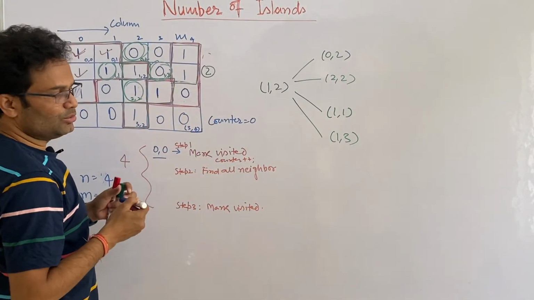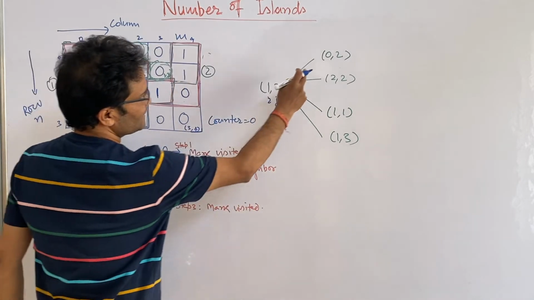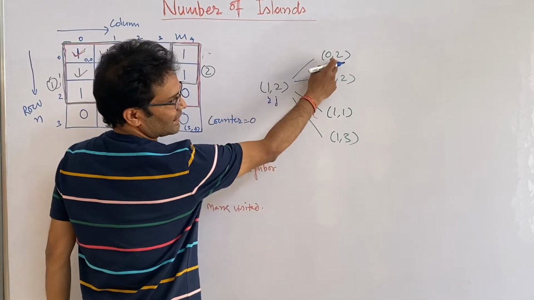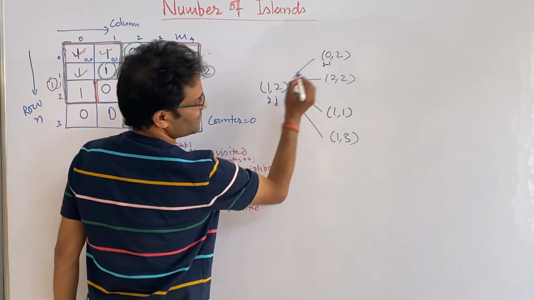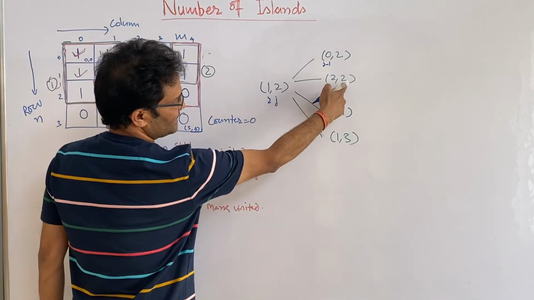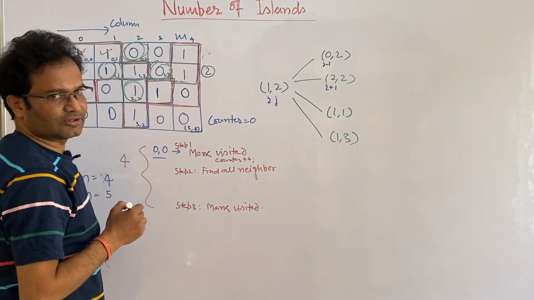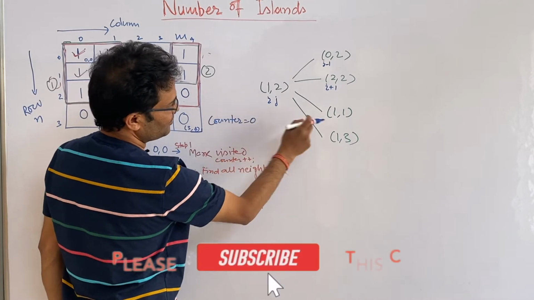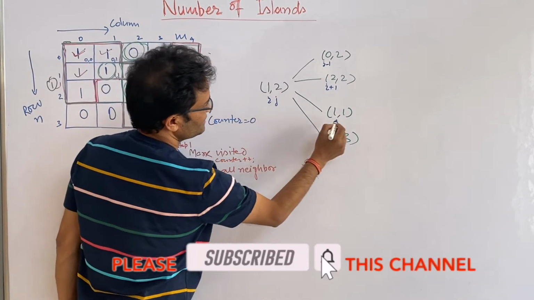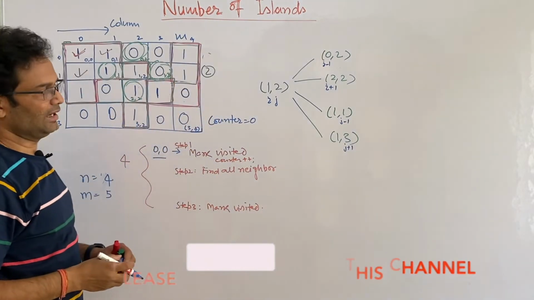If you notice, we use two indices, i and j. In the first one, I did not touch the second part, I only changed the i part: here I did i minus 1. In the second, I didn't change the j part: here for the i part, I did i plus 1. And for the last two, I didn't touch the i part, i is the same; for j, one time I decreased and one time I increased.